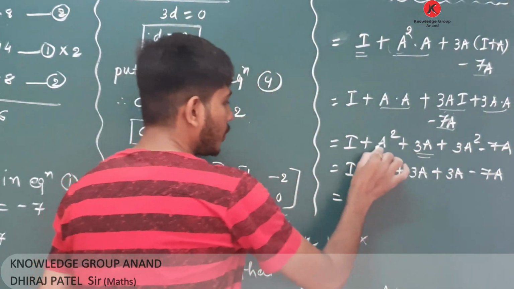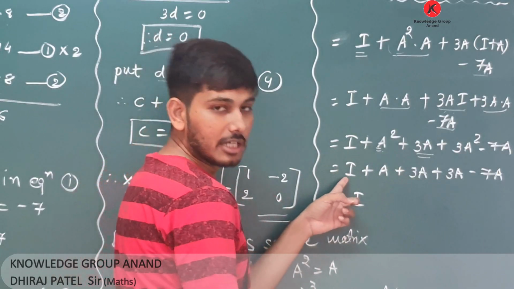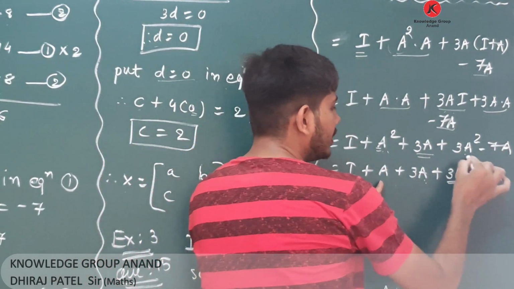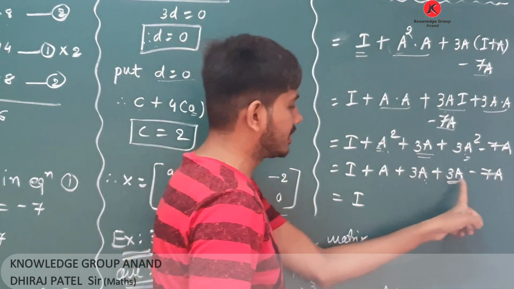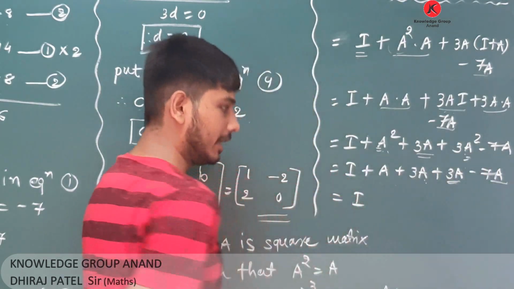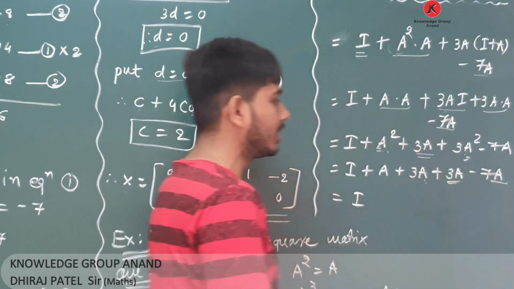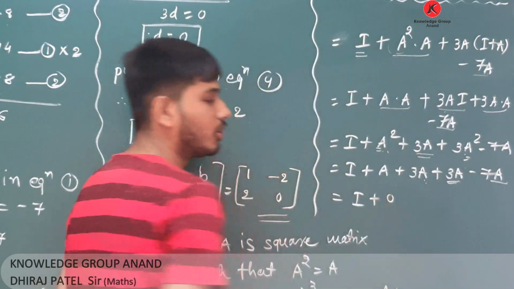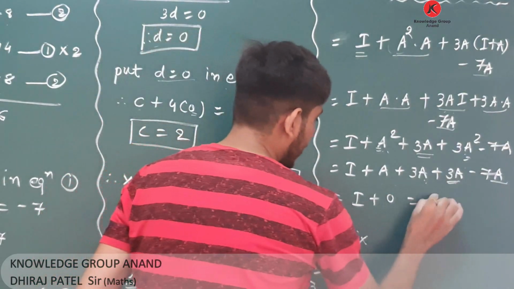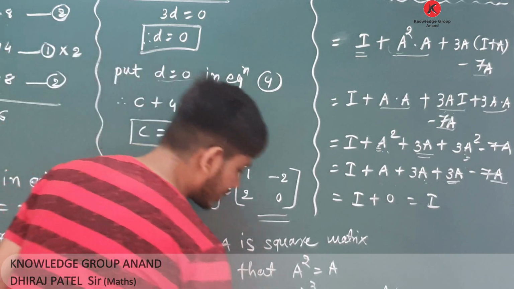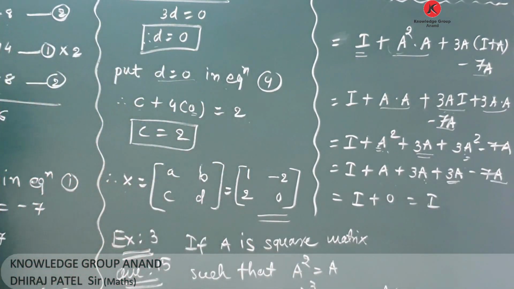Now we know that A square equals A, therefore we can write I plus A plus 3A plus 3A, that means 3A minus 7A. A plus 3A plus 3A, 7A minus 7A, gives I plus the 0 matrix, and we know that I plus the 0 matrix equals I. Therefore our right option is option number C.